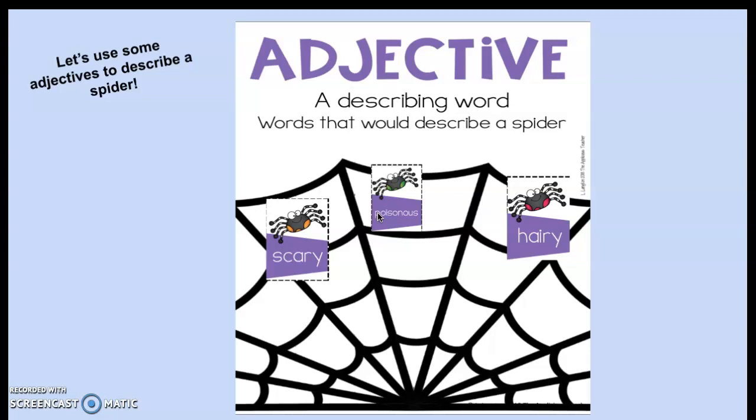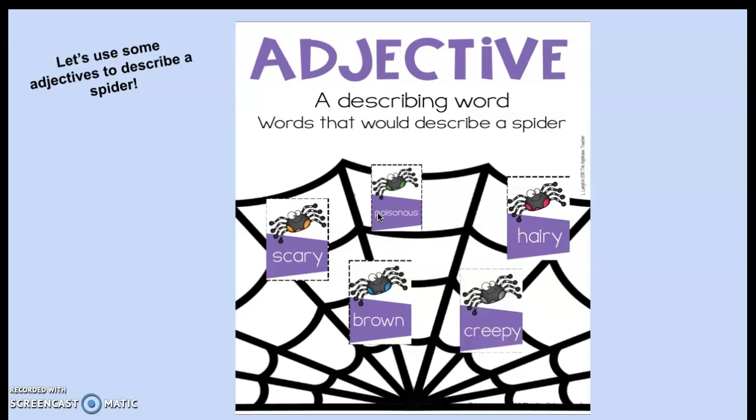What's another adjective that we could use to describe a spider? Brown. Sometimes spiders are brown or black. Creepy. Good. Spiders can be creepy, so we could say the creepy spider or the brown spider, the scary spider.